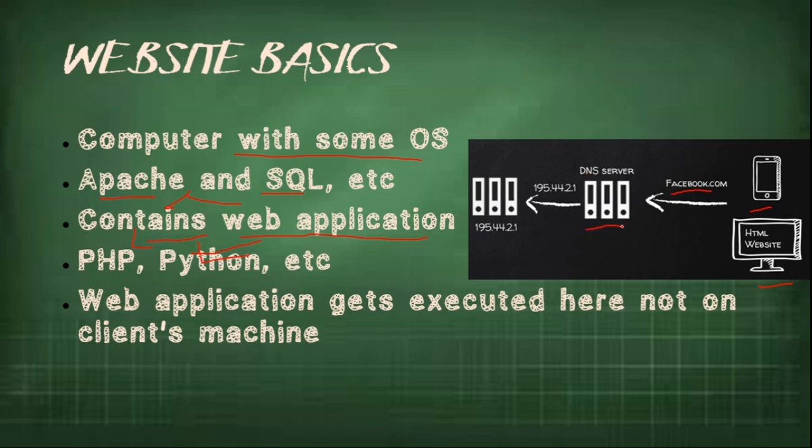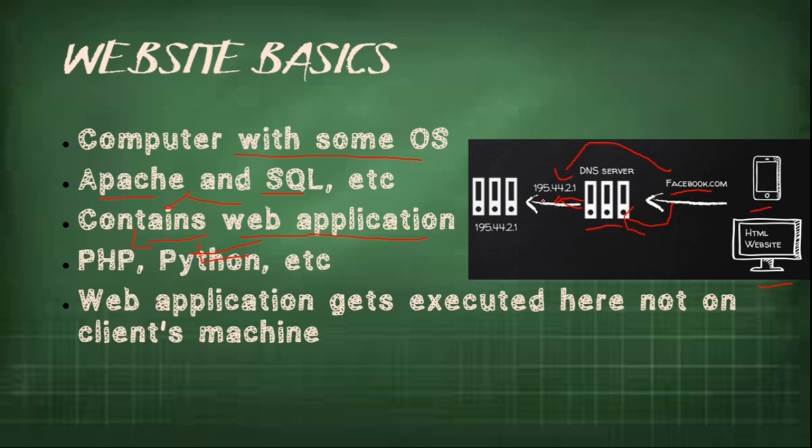There's a server that translates a domain, or any website with a name, into its relevant IP address. So you request facebook.com, and this goes to a DNS server. It translates facebook.com to the IP of the server where Facebook is stored. Then you reach the IP address.